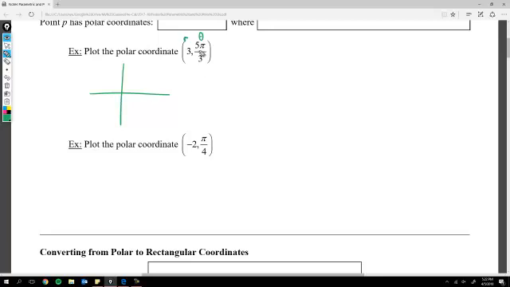So 5 pi over 3, if you remember, this is pi over 2, this is pi, this is 3 pi over 2, and then this is 0 over 2 pi. 5 pi over 3 is just less than 2 pi, and it's bigger than 3 pi over 2. Okay, again, remember, if this kind of freaks you out, just ignore the pi for a second, so I have 5/3. 5/3 is less than 2. 5/3 is also bigger than 1.5. All right, so it's going to be over here somewhere.